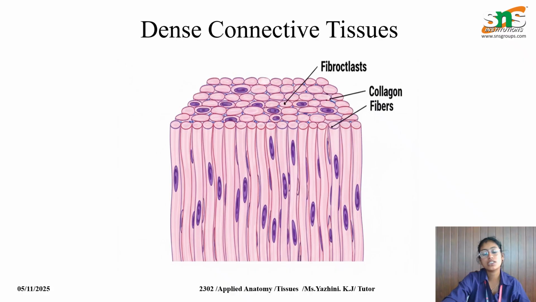From the arrangement itself, we can see that in dense tissue the fibroblasts and collagen fibers are tightly packed, and there is no gap between them. So loose connective and dense connective differ in the arrangement and also the cell presence. These are the differences in connective tissues.